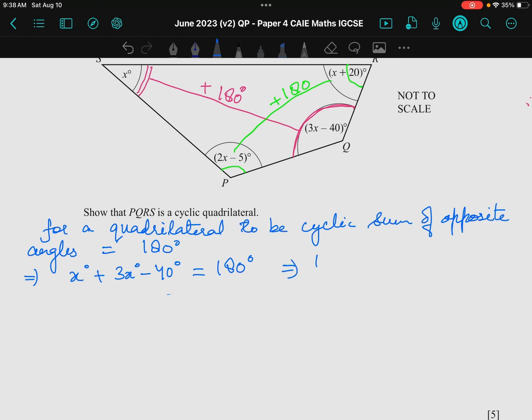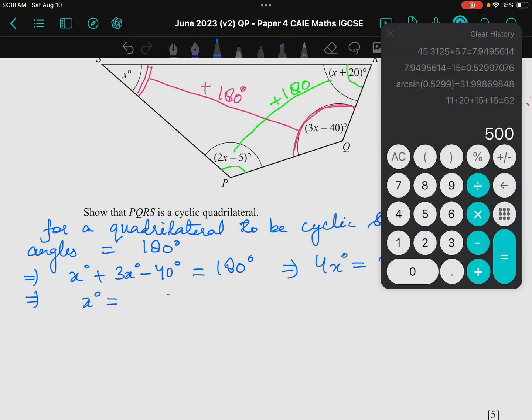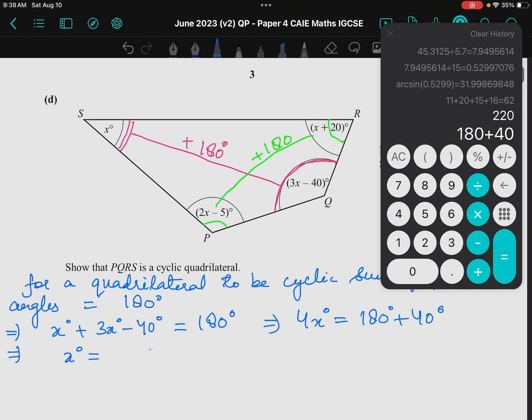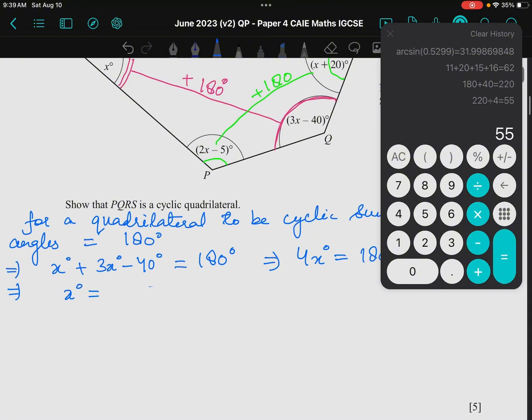It implies 4x degrees is equal to 180 degrees plus 40 degrees. It implies x degrees is equal to 180 plus 40 is equal to 220, and then when you divide it by 4 you will get 55.